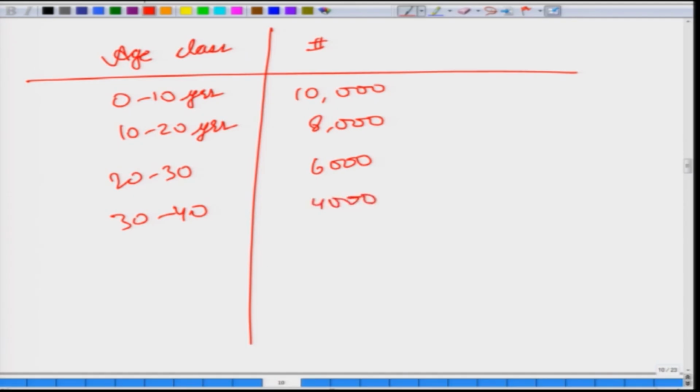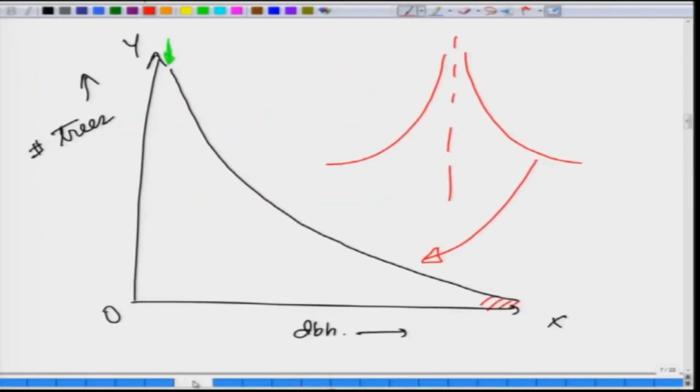So, this is what is expected in a natural system, that as you move from one age class to another age class, the number of individuals will go down, and this is exactly what we are seeing in the case of a selection curve. The number of trees in a smaller age class with a smaller DBH is greater, but the number of trees at a larger DBH or a larger age class is reducing. So, we are trying to mimic a natural system in a selection forest.